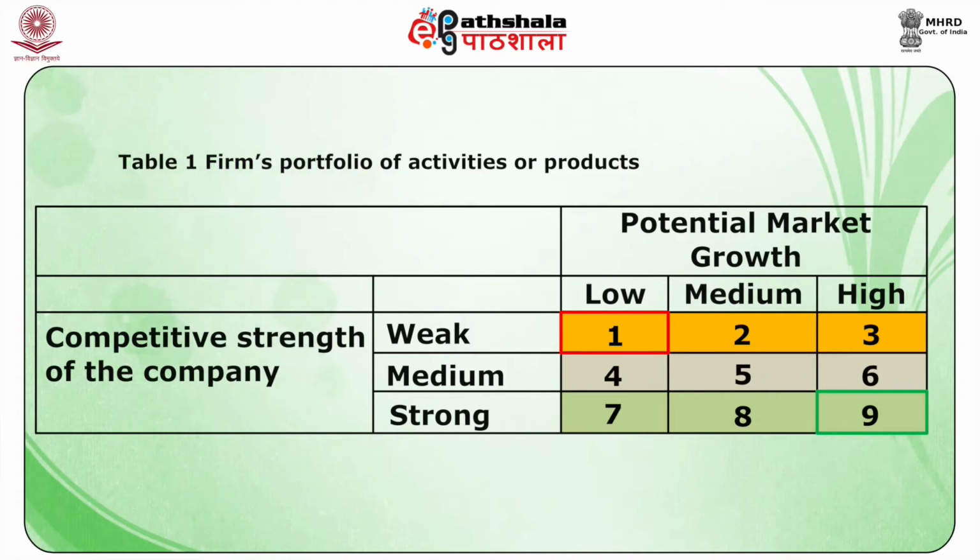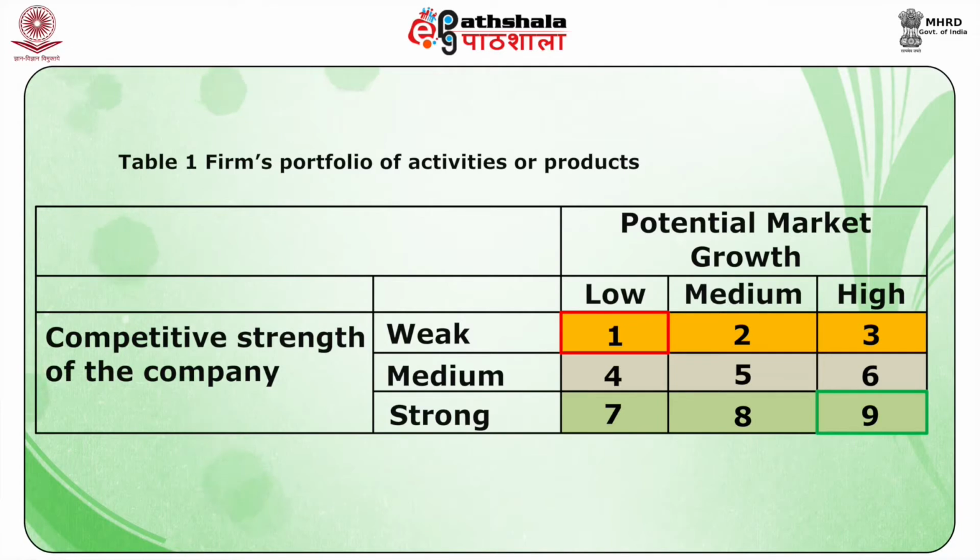Boxes 3 and 6 show high growth sectors with firms that are not very competitive. Here, the decision to continue mobilizing the resources in the existing products or to move them to alternative uses depends on whether or not the firm decides to attain a strong competitive position in the market.